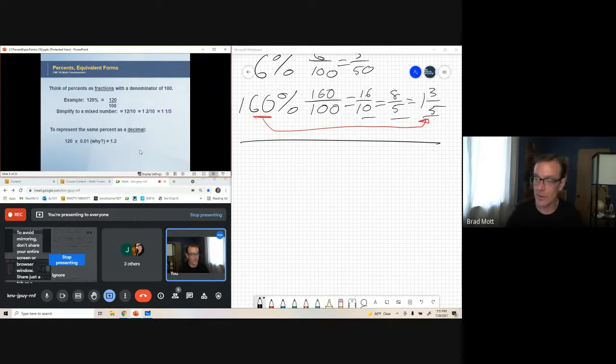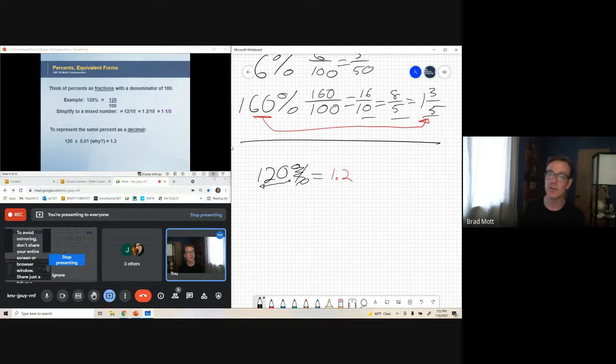So if you want to represent 120% as a decimal, like I said as I was going through the PowerPoints really quickly, what you will want to do, there is a decimal point right there. Your decimal point will need to go 2 places to the left, and then you will remove the percentage sign. So that is equivalent to 1.2.